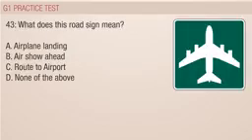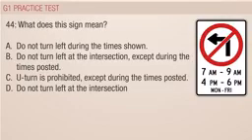Question 43. What does this road sign mean? A. Airplane landing. B. Air show ahead. C. Route to airport. D. None of the above. Answer C. This is a route to airport sign. Question 44. What does this sign mean?